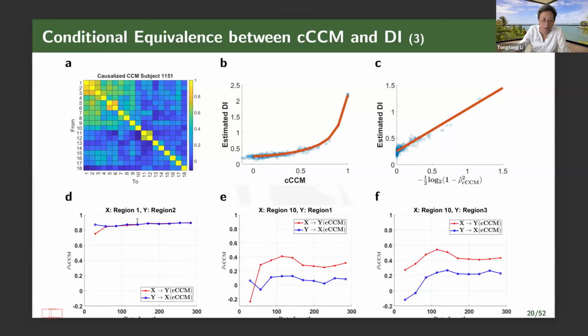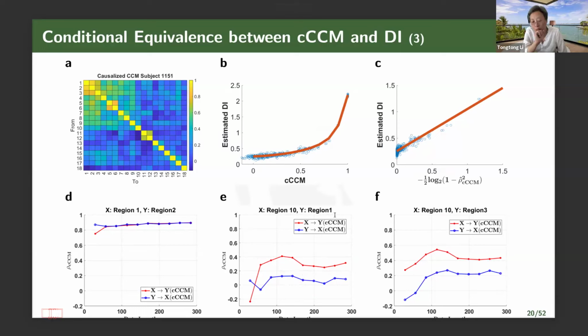I'm just showing you that in figure D, for example, there is bidirectional causality between region 1 and region 2. In figure E, we can see that region 10 has stronger causal influence on region 1. I forgot the region.